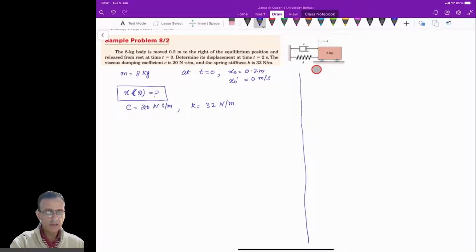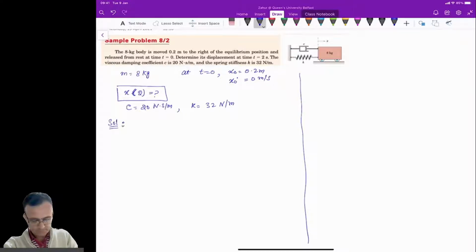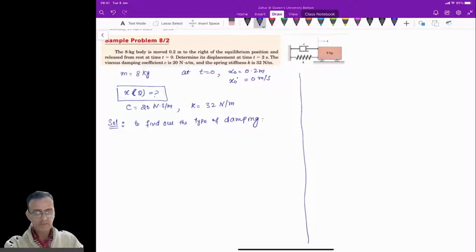So to find the solution, find out the type of damping. So you need to calculate this zeta here, which is c divided by 2m omega n.